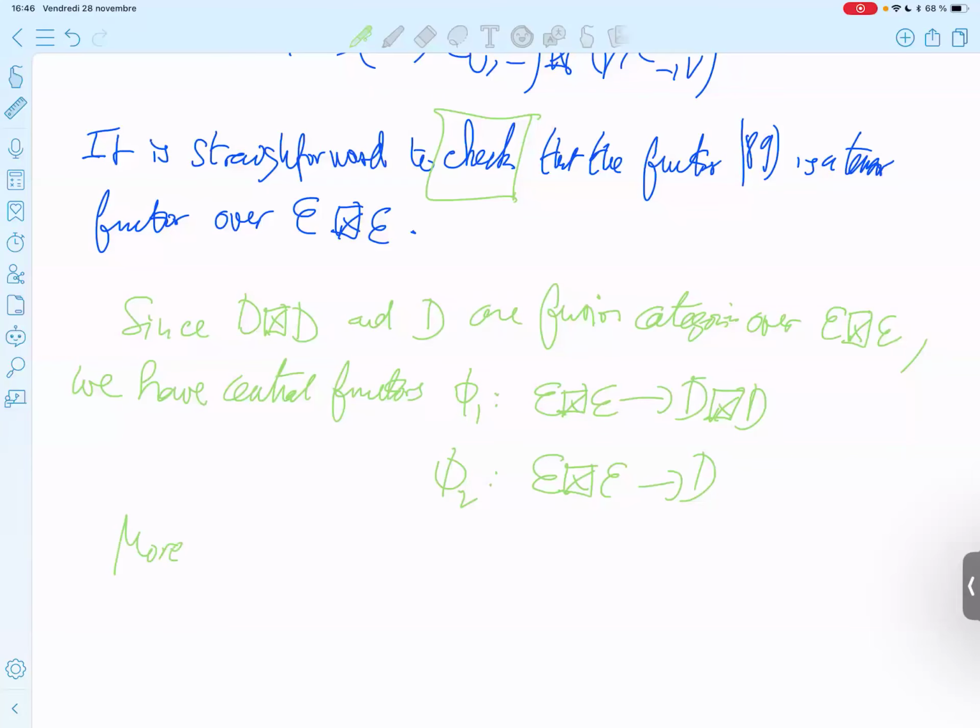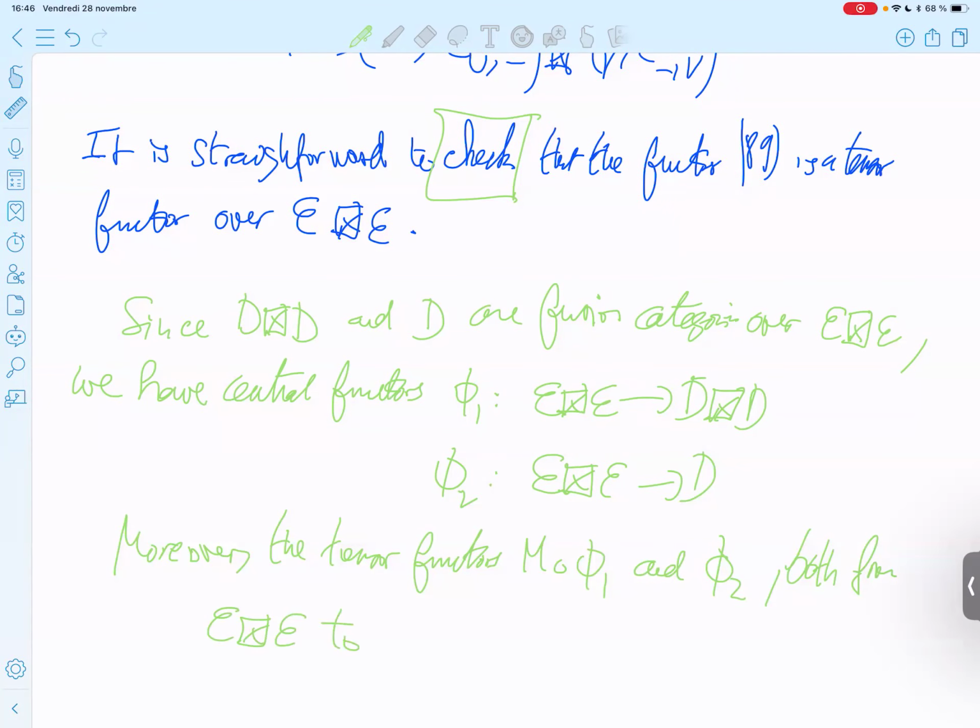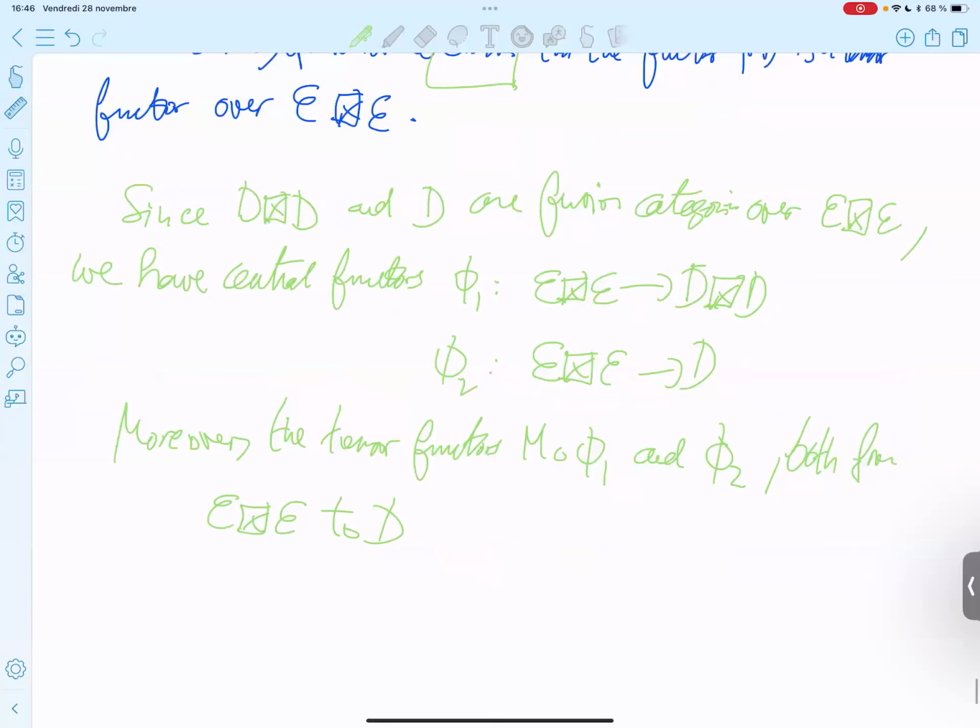Moreover, the tensor functors M composed with phi1 and phi2, both from E tensor E to D, are canonically equivalent.